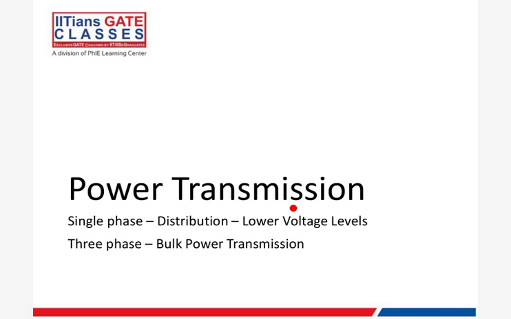So in power transmission, when you're talking about transmission, we have two means, AC and DC. In DC it is more or less straightforward. DC transmission is currently employed only at high voltage levels.